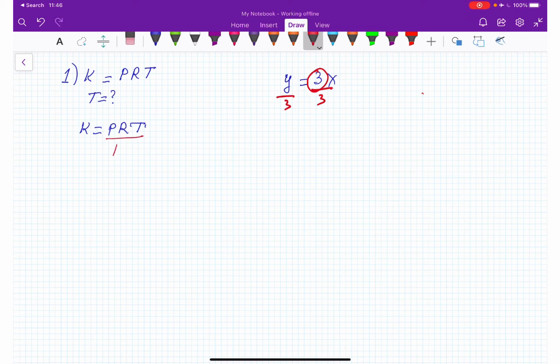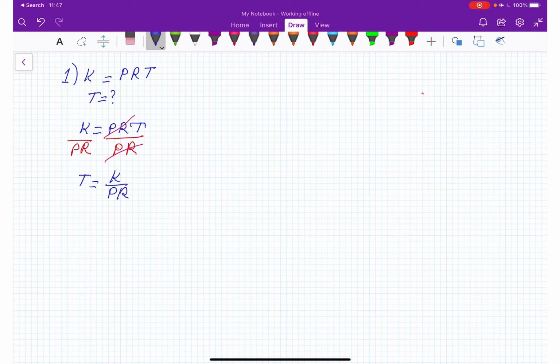I need to divide by P and R. And whatever change I do to one part of the equation, I have to do to the other part. So I'm going to cancel this, I'm going to cancel this, and I will get the answer. T is going to be equal to K over PR. Okay?